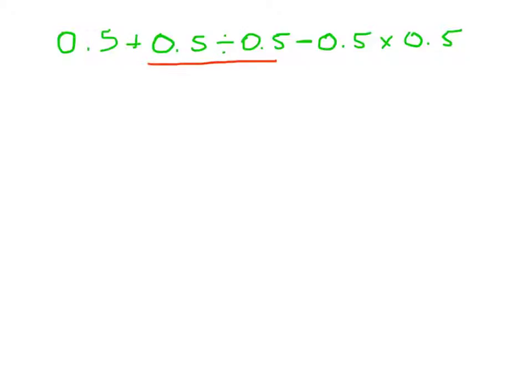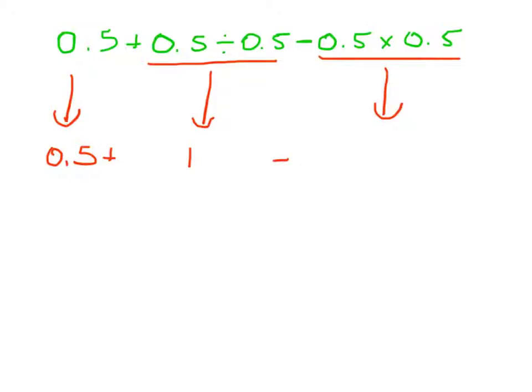So here I see a division problem, and here I see a multiplication problem. All right, so this is going to get rewritten down here. 0.5 plus 0.5 divided by 0.5 is a 1, and 0.5 times 0.5 is going to be 25, but I need two numbers after the decimal, so it'll be 0.25.